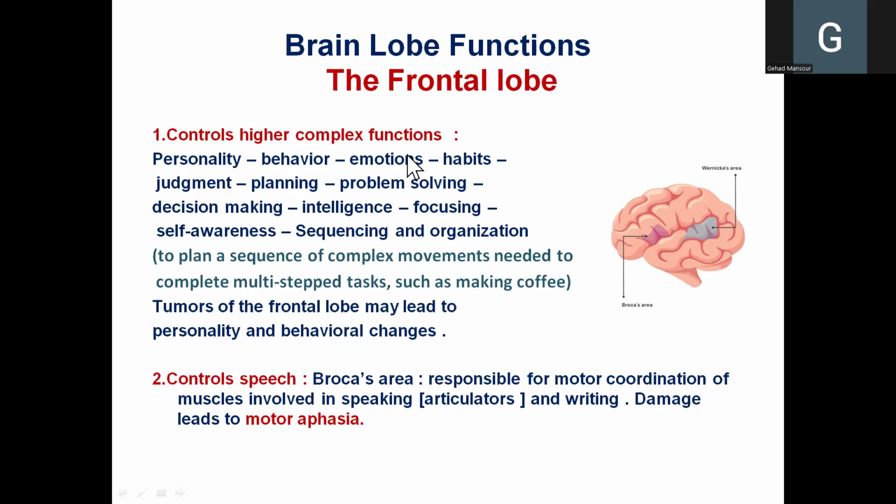They might be depressed. It also controls the habits of motor actions, like making coffee, making tea, driving a car, and so on. Judgment, of course, planning, problem solving, decision making, and all this is related to intelligence.